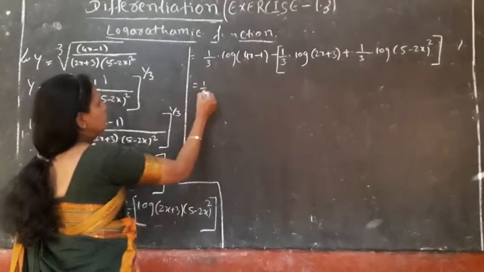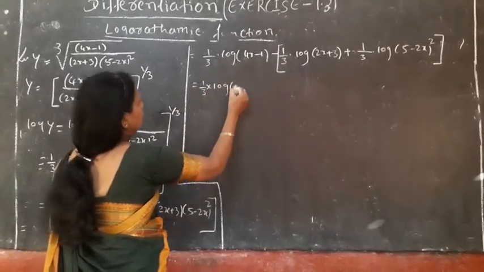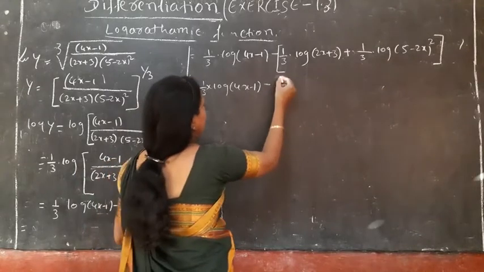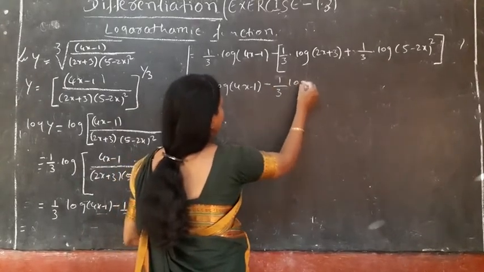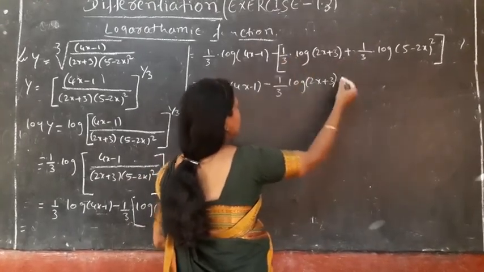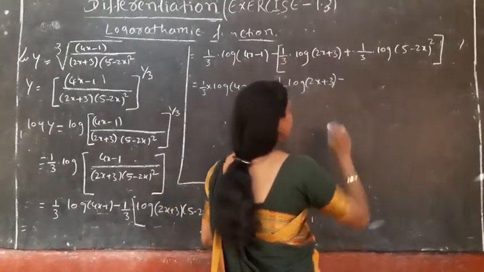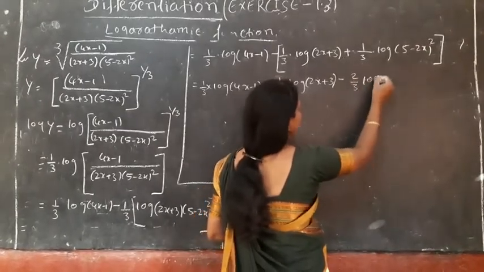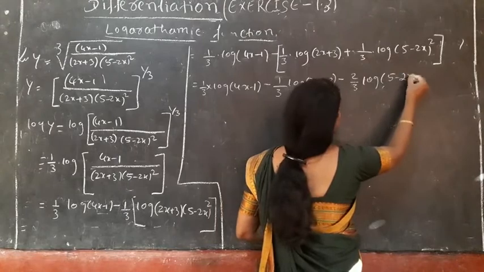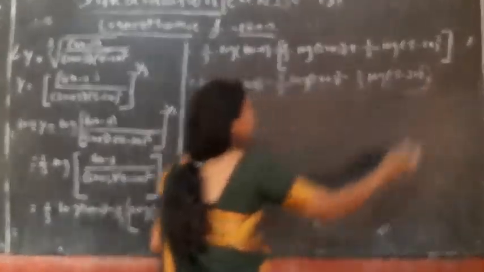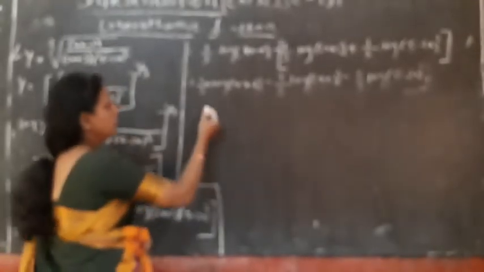Now take the terms: 1 upon 3 log of (4x minus 1) minus, taking the term outside the bracket, log of (2x plus 3). Here it is a plus, here it is a minus, so the sign is going to change. At the same time you can write this as 2 upon 3 log of (5 minus 2x). Now this step is ready for differentiation.